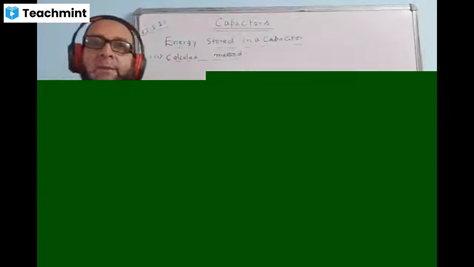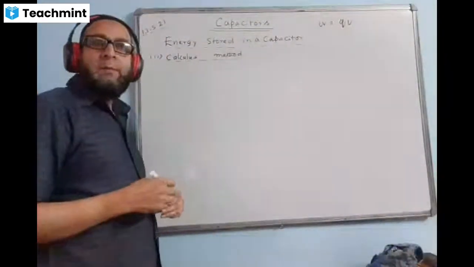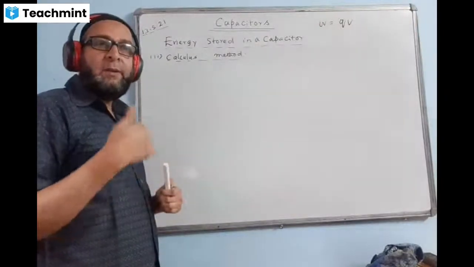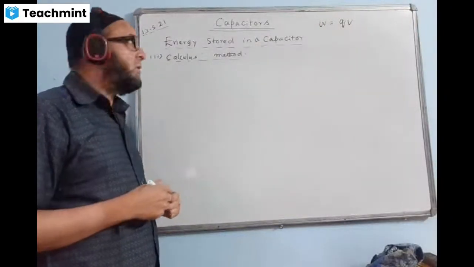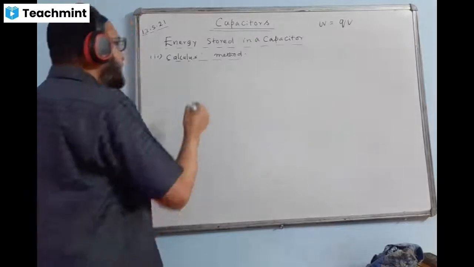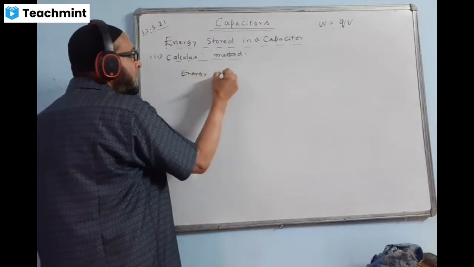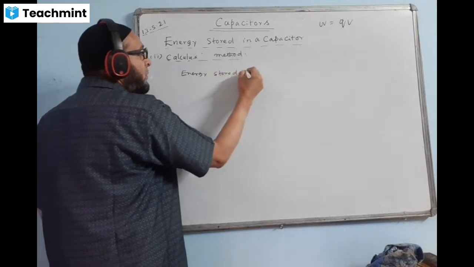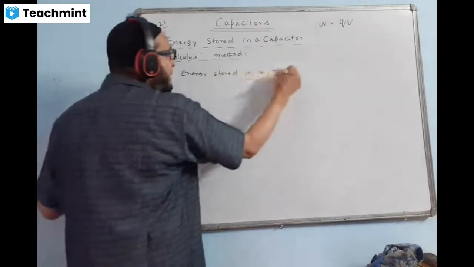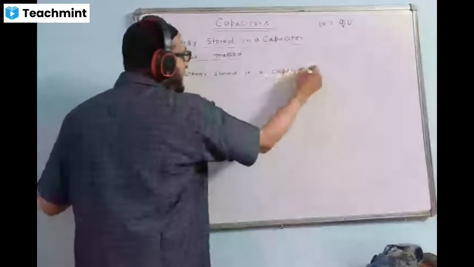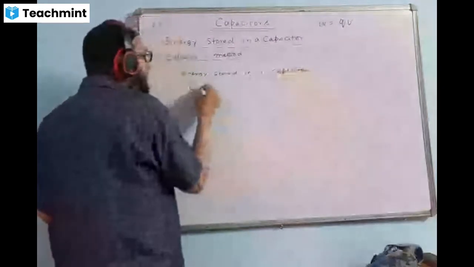In the calculus method, work done is equal to QV, but the work done will be variable at a given potential. So you can write here energy stored in a capacitor, E equal to.